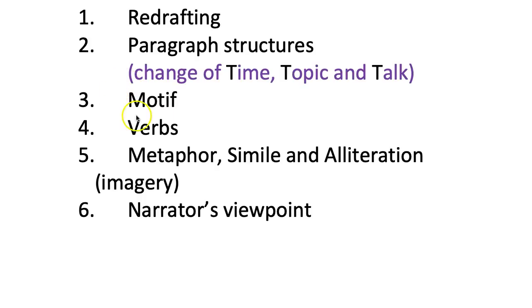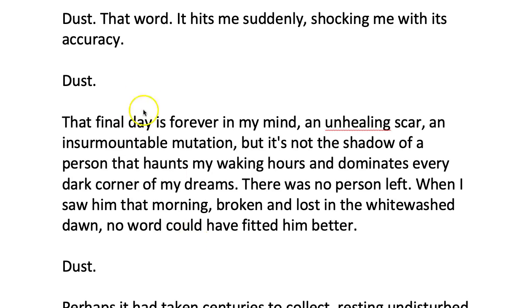Right, the other thing I teach all my classes is the idea of the motif. Now, a motif is simply a repeated image that just keeps coming through your description, or if you're writing a story, through your story. And we actually saw that at the beginning. The motif here is going to be dust, and obviously we associate dust with death.